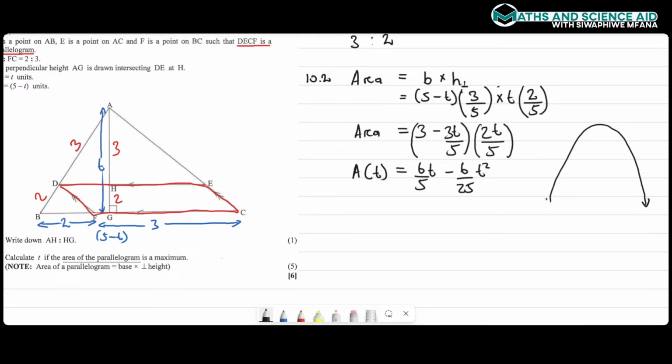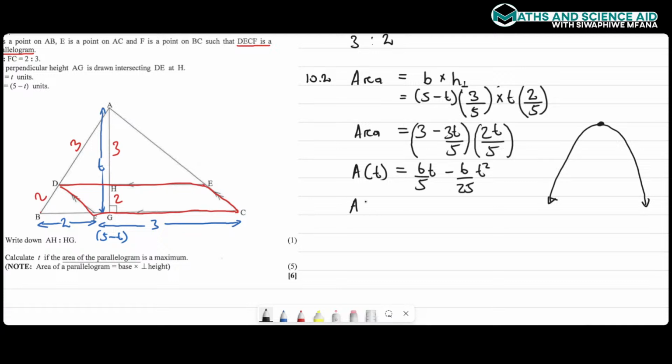It would be something like this. Hence, it makes sense why we can find the maximum of this area, because the maximum will be at the turning point. So finding the maximum in these optimization problems, specifically in a problem like this one, you are essentially just working out the turning point of this quadratic equation.